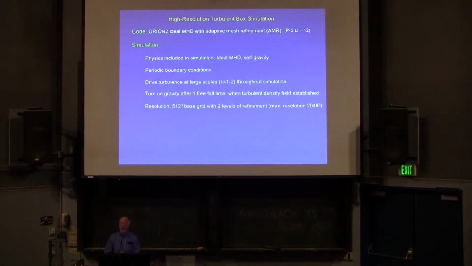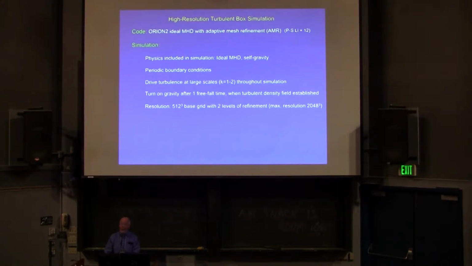Okay, so what we did is that we used the Orion 2 ideal MHD code with adaptive mesh refinement, and you've heard a lot about AMR codes in the earlier weeks. So the physics that we included was just ideal MHD and self-gravity. We had periodic boundary conditions. We drive the turbulence at large scales, wave numbers between 1 and 2 on the box length, and we do that throughout the simulation.